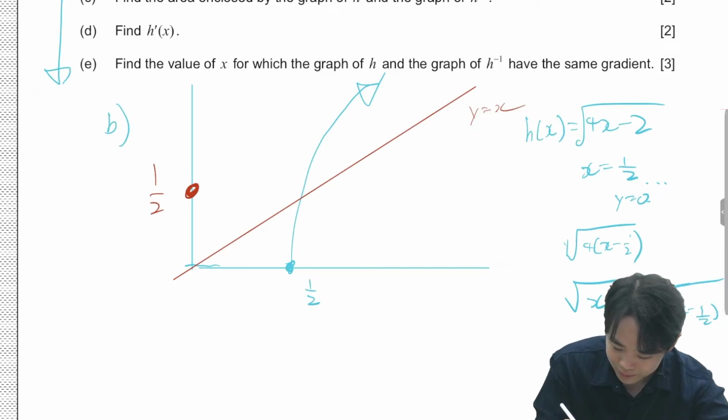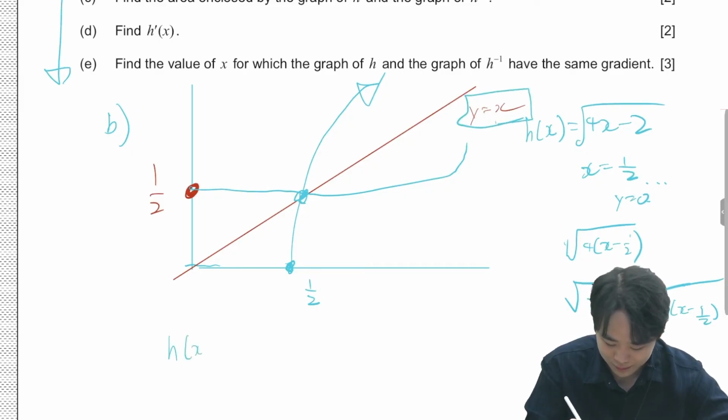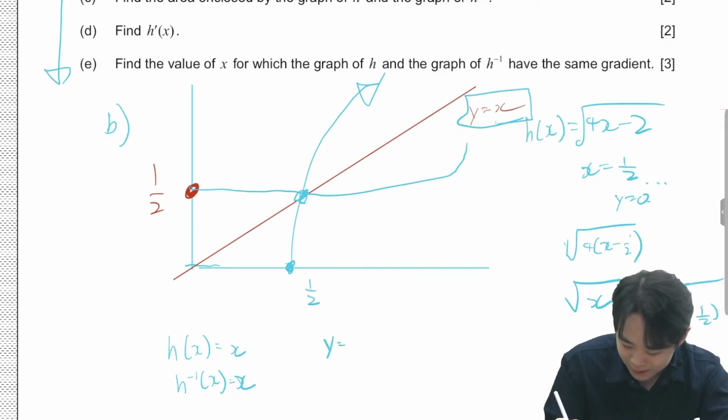But do note that when we have a function and its inverse, they will intersect at y equals x. Because if y is h of x, then h inverse of y is going to be x.